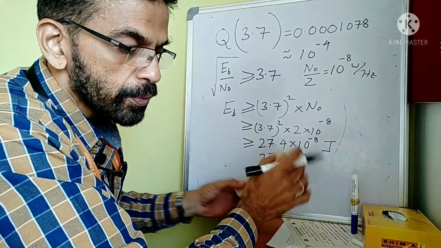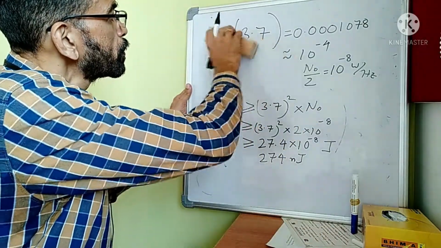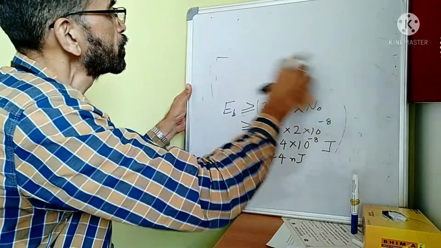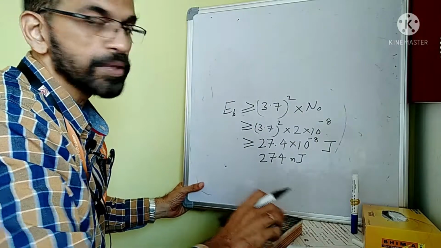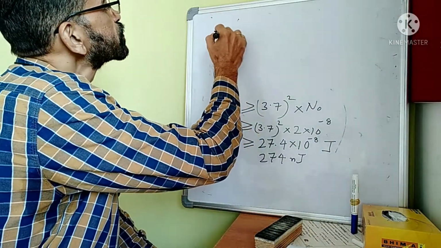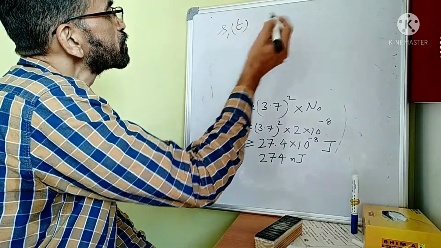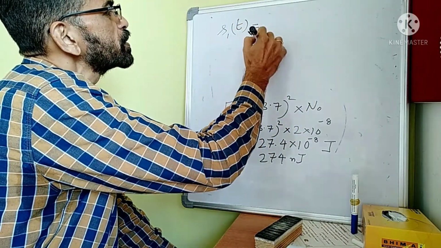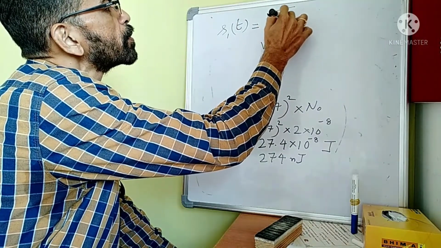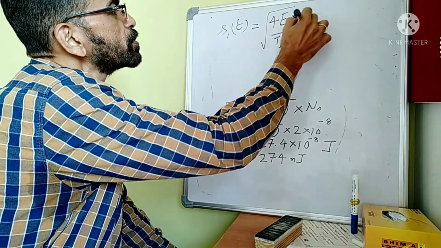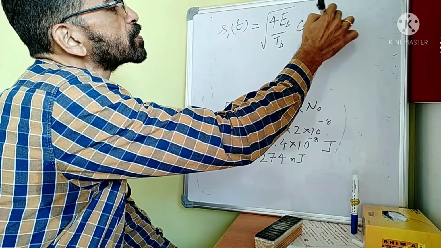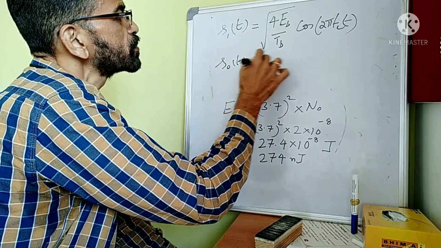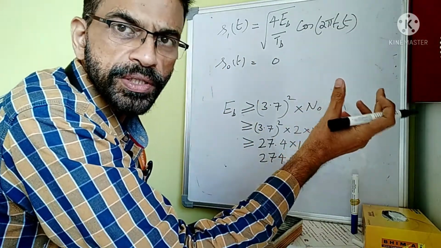Now we know that in binary ASK, the received signals, if you recall the previous discussions, are S1(t) = root of 4 E_B by T_B cos 2 pi f_c t, and S0(t) is 0, for the interval 0 to T_B.